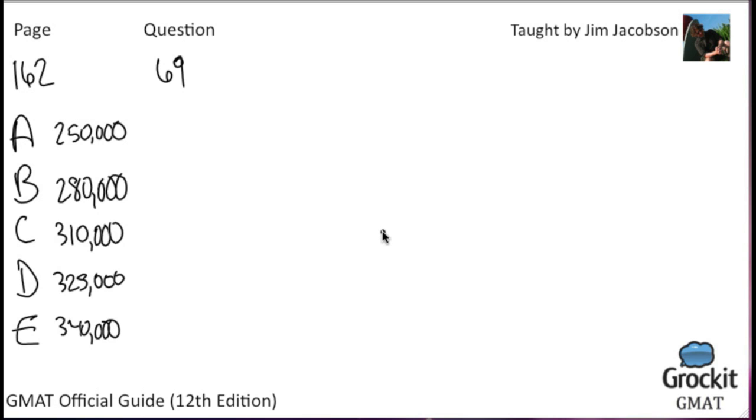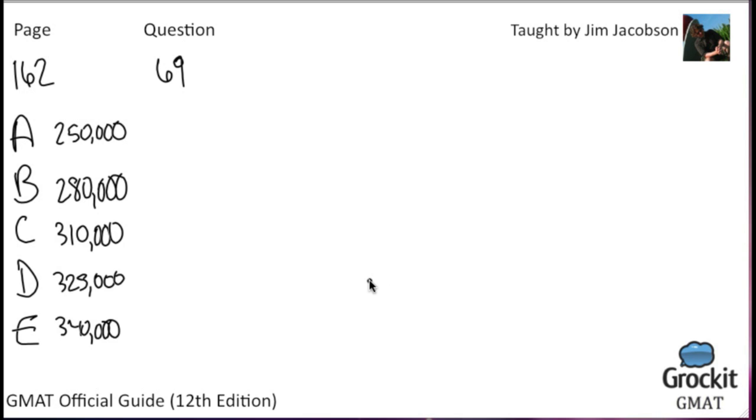So according to the chart shown, which of the following is closest to the median annual number of shipments of manufactured homes in the United States for the years from 1990 to 2000 inclusive? The inclusive bit just means we have to include the two endpoints in our discussion, both the 1990 and the 2000.